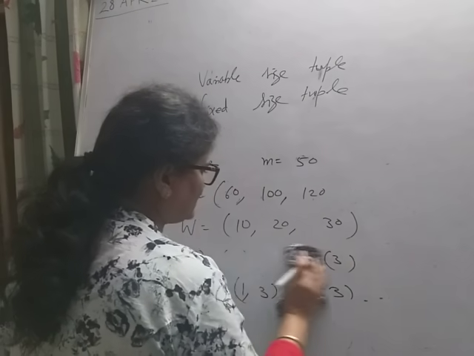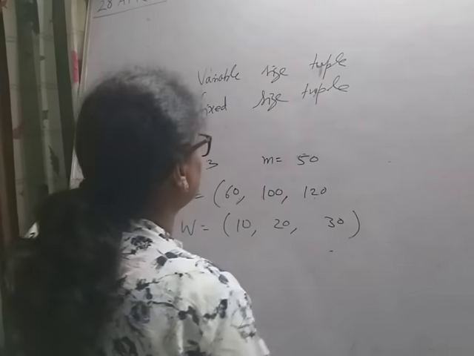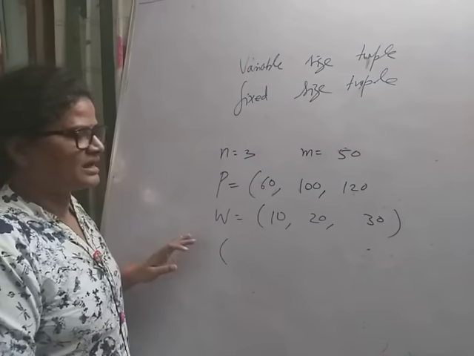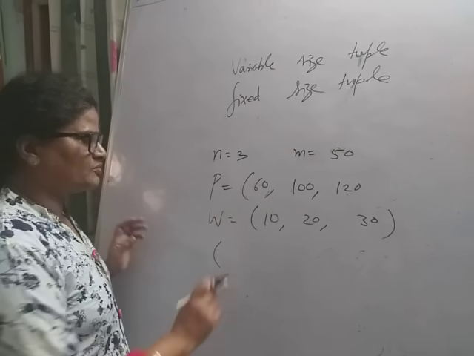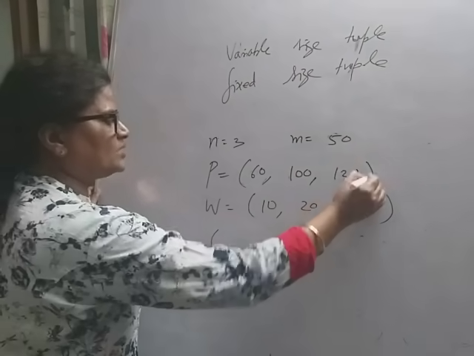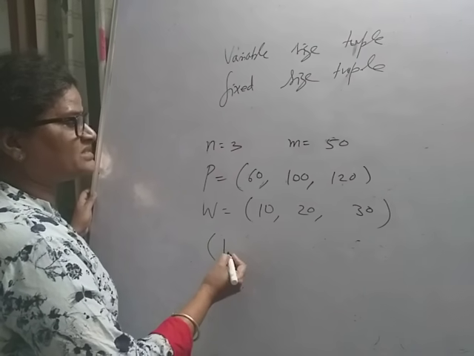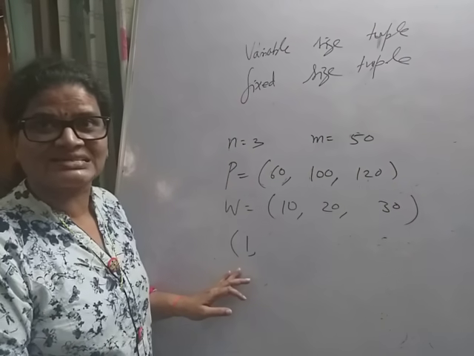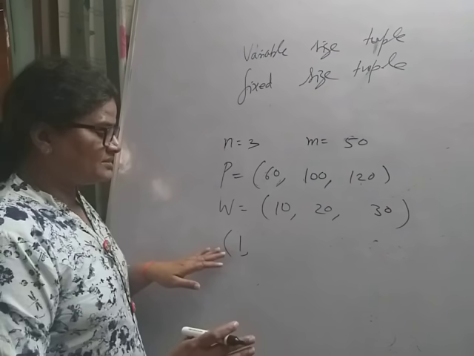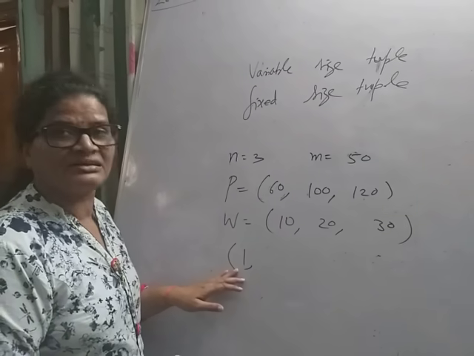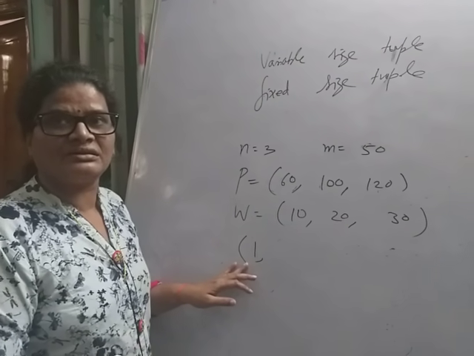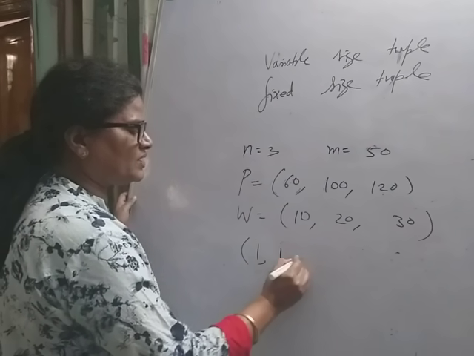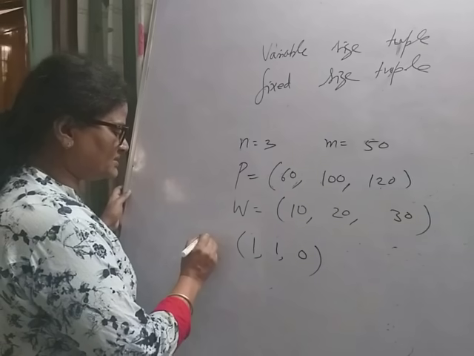If we represent our selection vector in fixed tuple size, as I showed in part 1, a feasible solution means the sum of weights must not exceed the knapsack capacity. So one solution vector is 1, 1, 0.